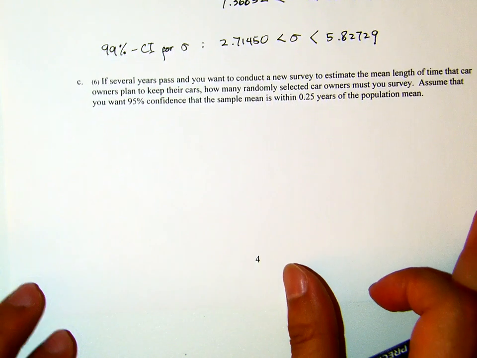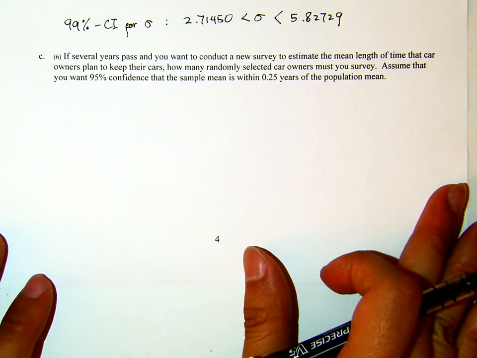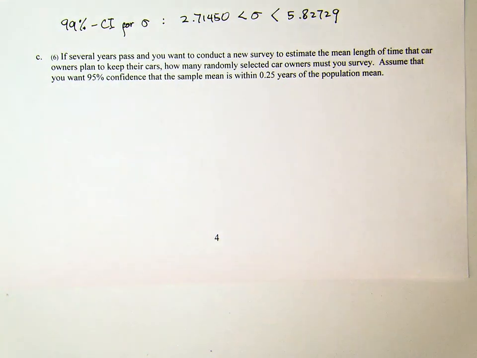Now, part C. If several years pass and you want to conduct a new survey to estimate the mean length of time that car owners plan to keep their cars, how many randomly selected car owners must you survey?